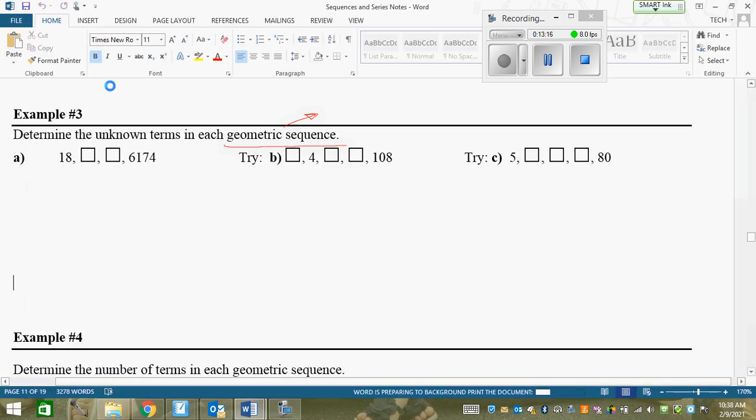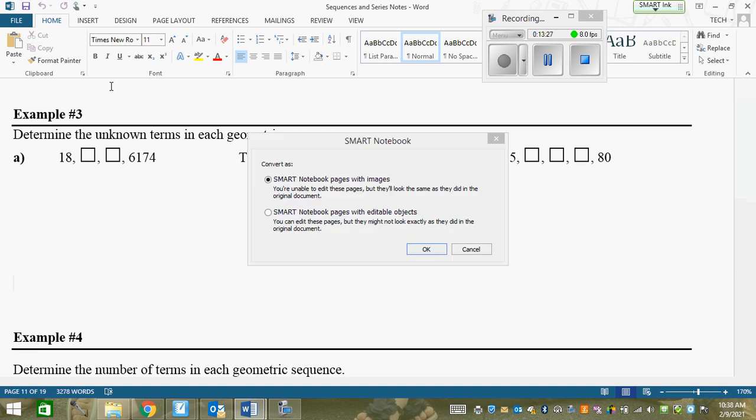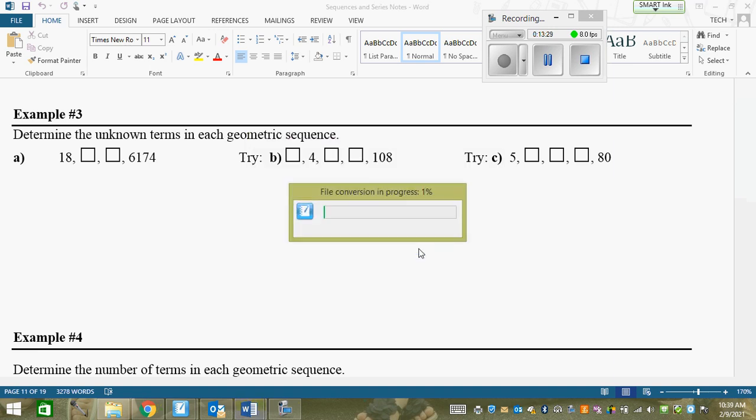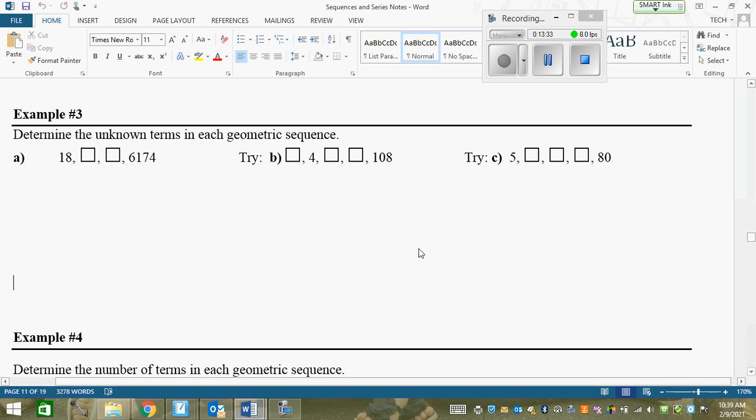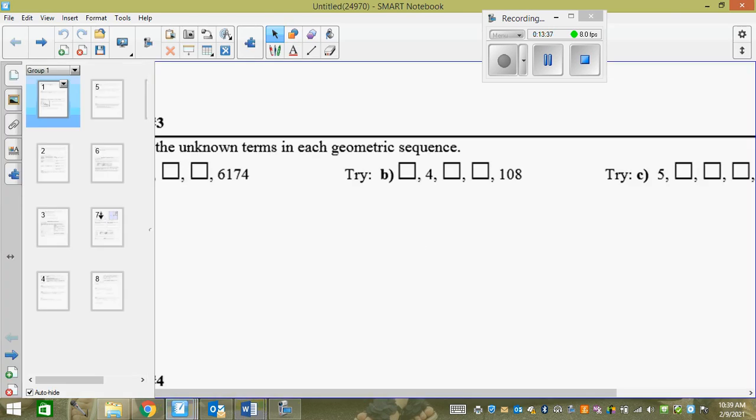See, it just stays on the board. There, that's fine.